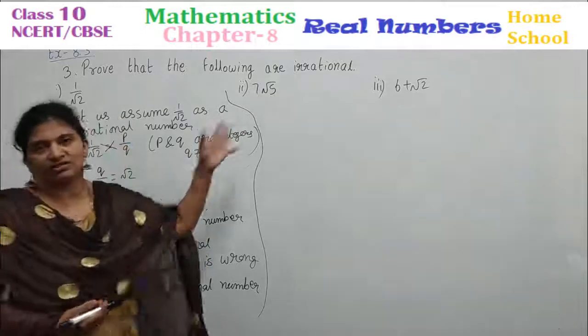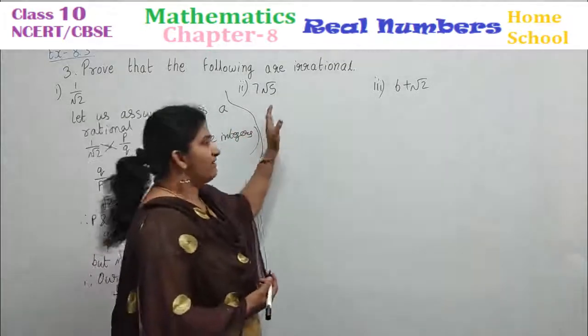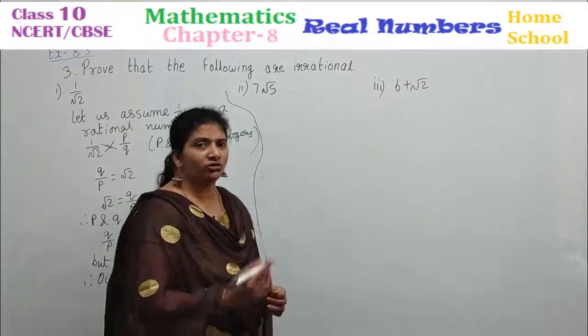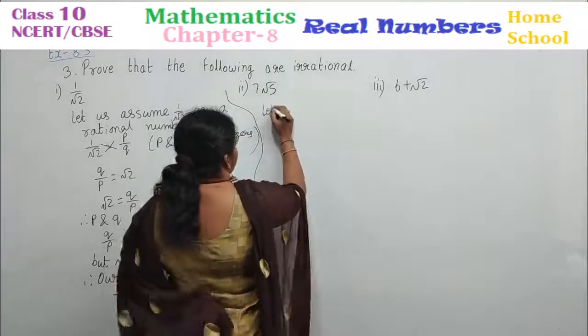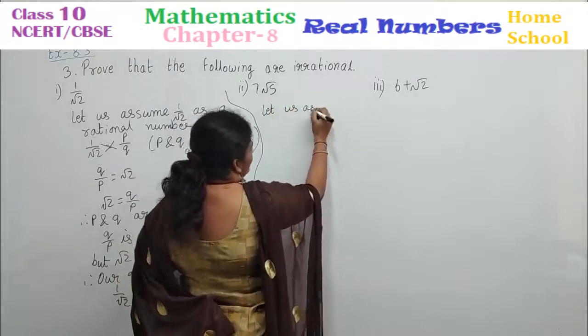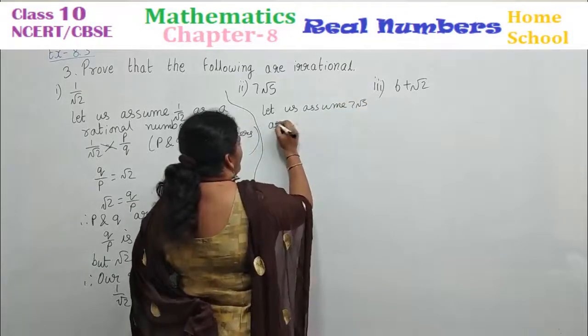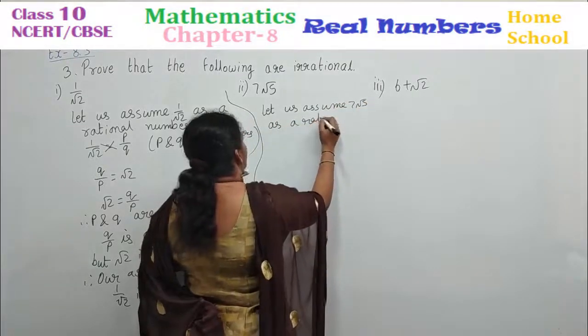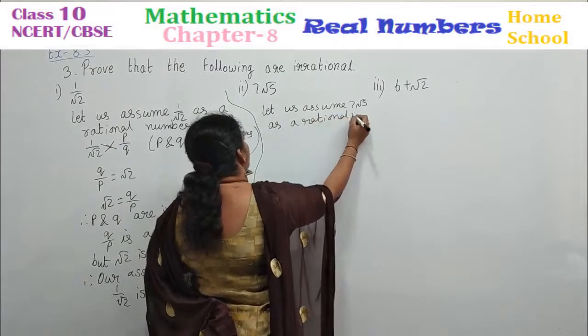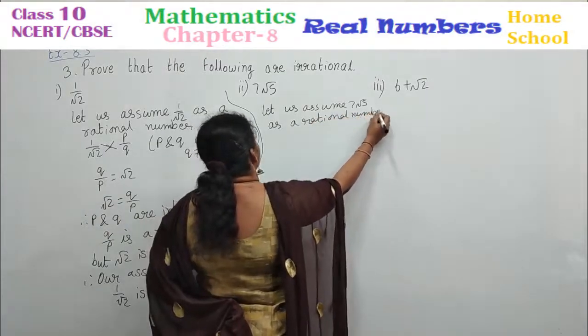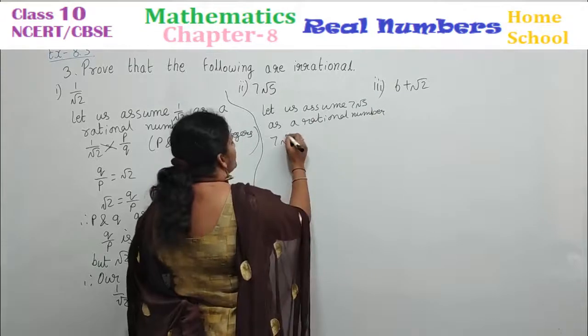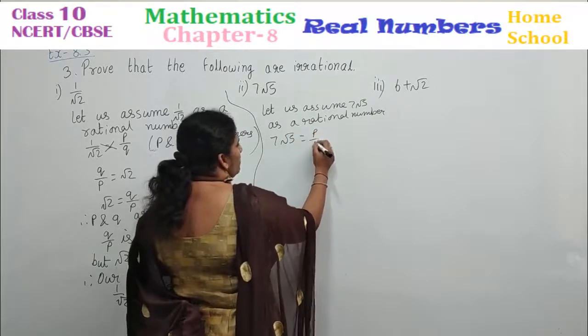Okay. Same manner, children. 7 root 5. What we need to do? Let us assume 7 root 5 as a rational number. If it is rational, it should be equated to p by q. 7 root 5 is equal to p by q.